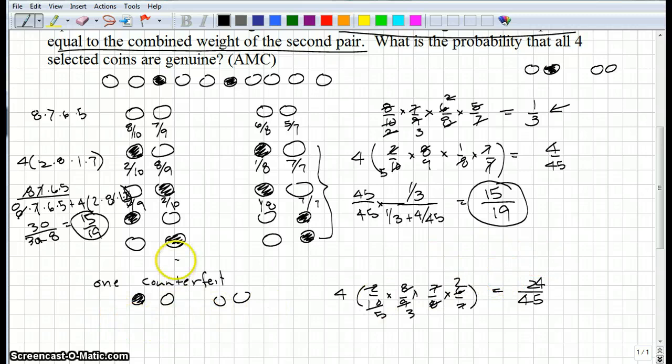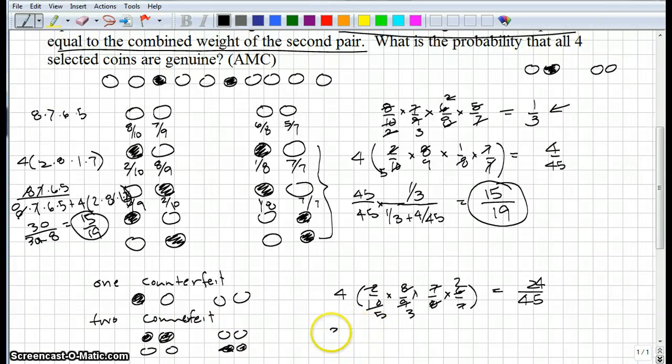So I'm just filling out the rest of the cases. The other case would be when you have 2 counterfeits, but the sides don't weigh the same, so both the counterfeits would have to come up on one side, on one set. Okay, so these are just the rest of the scenarios. And here you can see that you're still going to get 1/45 just like we did out here, because we have 2 counterfeits and 2 real coins, but you only have 2 ways that they can come up on the same side, in the same pair.